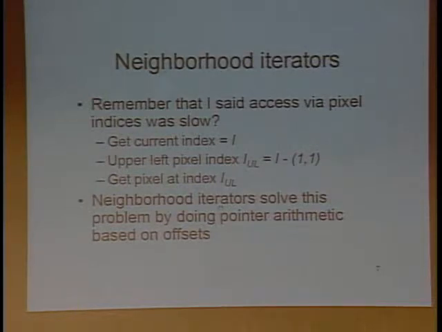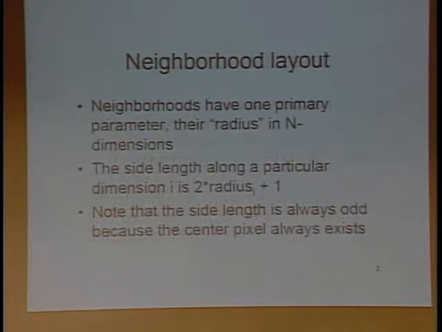And neighborhood iterators can calculate this for you, so you do not need to calculate the index of the pixel by yourself. You just tell the iterator what the offset is.